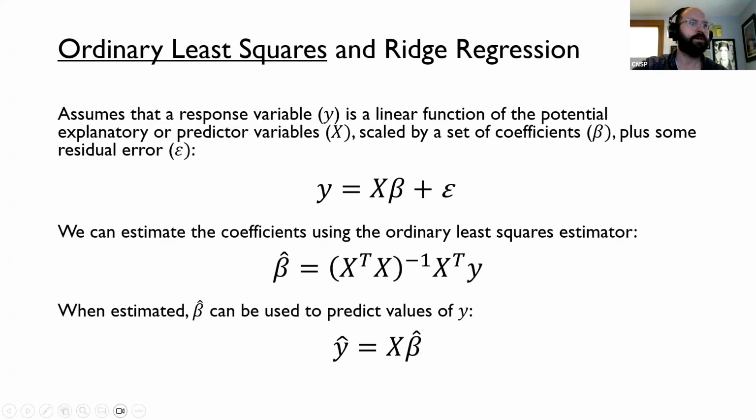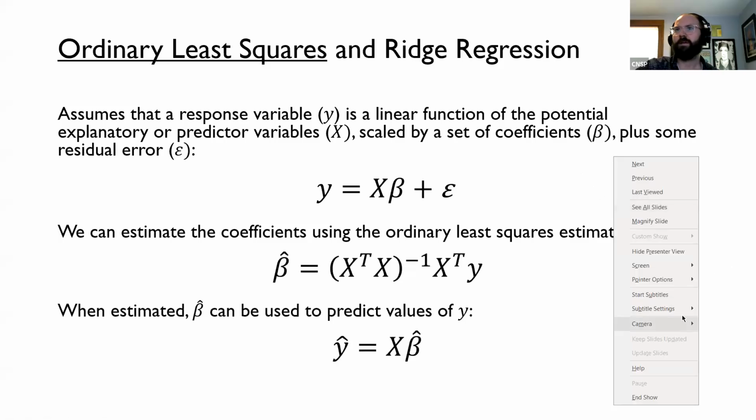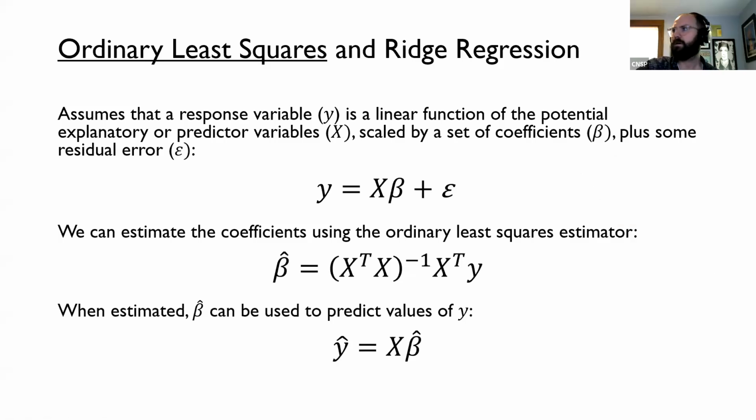So essentially, the mTRF toolbox is just ordinary linear regression with a ridge regularization. Let me get a pointer so that you can see. Here's a pretty standard view of linear regression.